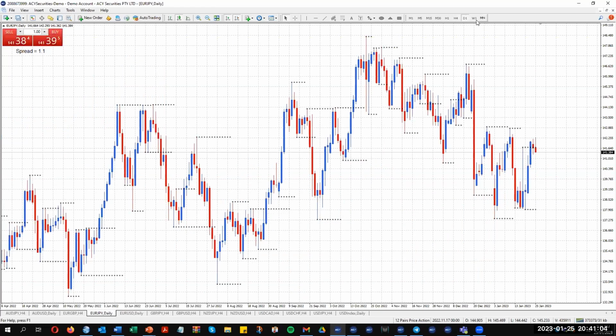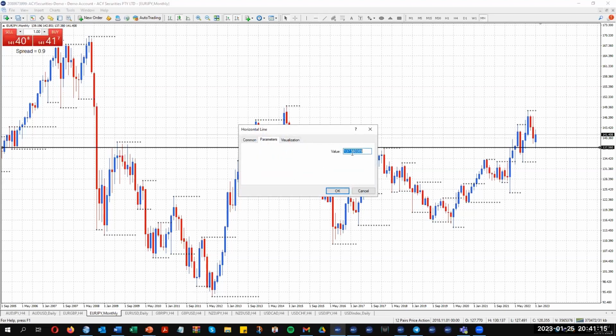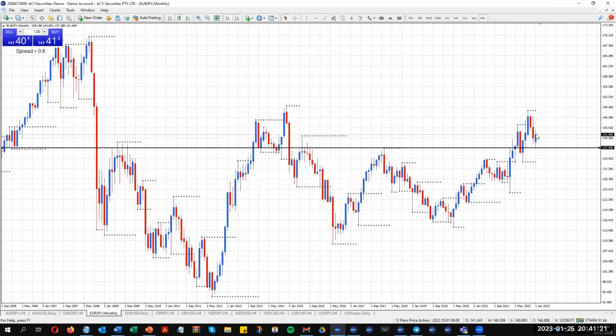All right, let's go through the euro yen. There's a monthly top, 137.495. Where did price come down to this month? That top.